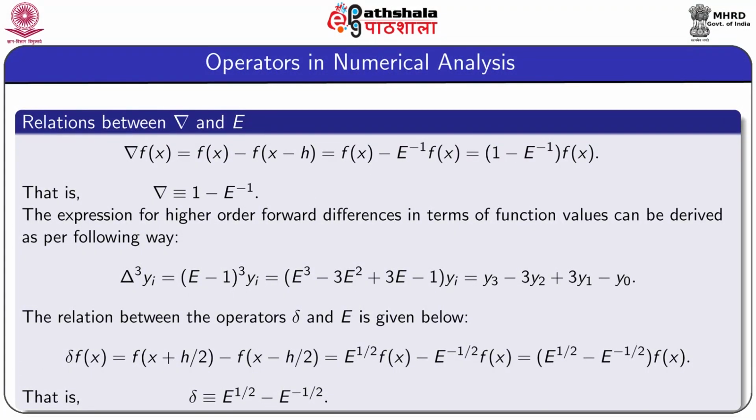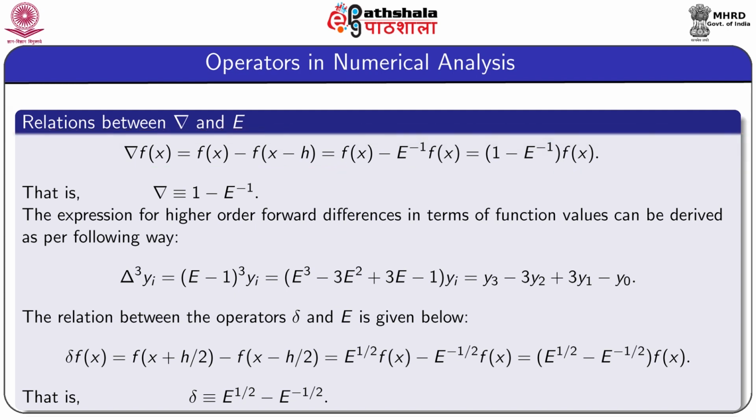Similarly, we can derive a relation between the ∇ operator and the E operator, that means the backward difference operator and the shift operator. Now, the backward difference operator ∇f(x) equals f(x) minus f(x−h), which equals f(x) minus E⁻¹ f(x), as by definition of E⁻¹, the inverse shift operator, which is equal to (1 minus E⁻¹) f(x).